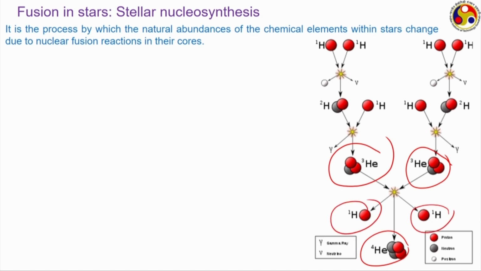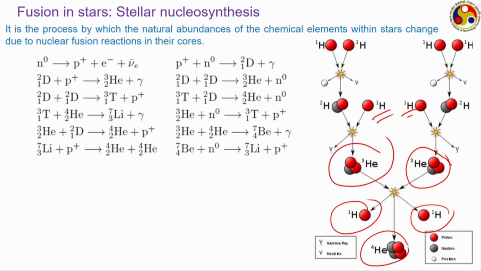So, we started with 4 protons, and also added 2 more, the final product being helium 4. This particular process is called nucleosynthesis, and when it happens in stars or those kind of extraterrestrial bodies, we call it stellar nucleosynthesis.